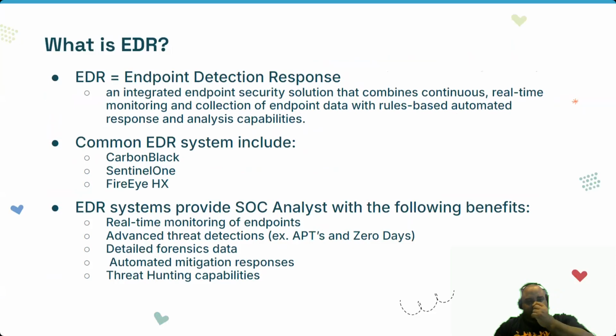And EDRs also provide some threat hunting capabilities, which are going to be useful for the SOC analysts, but even more so for some of the other roles within the SOC. In particular, they have a role called a threat hunter. So that is a feature that they'll be able to leverage.